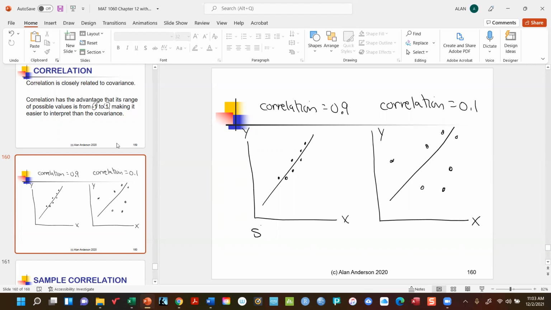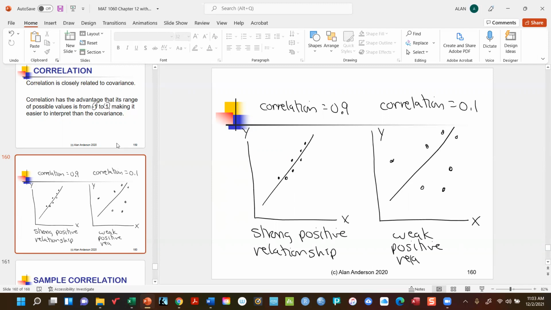So here we have a very strong positive relationship. And here we have a weak positive relationship. But now, unlike before with the covariance, I couldn't tell just by looking at that number.